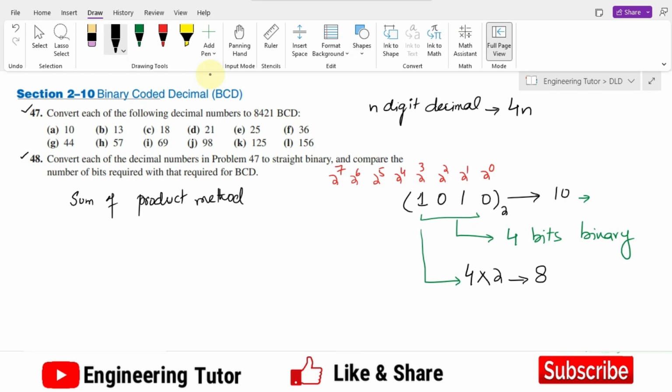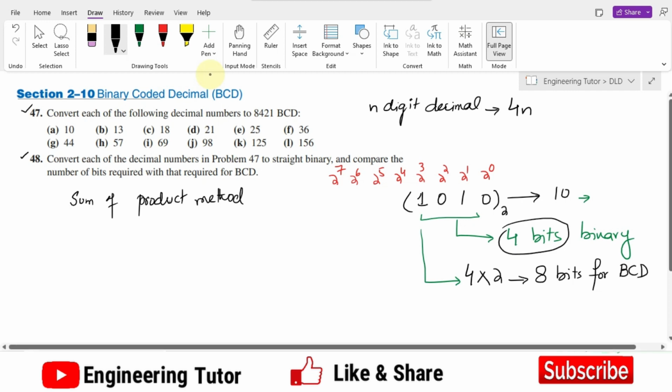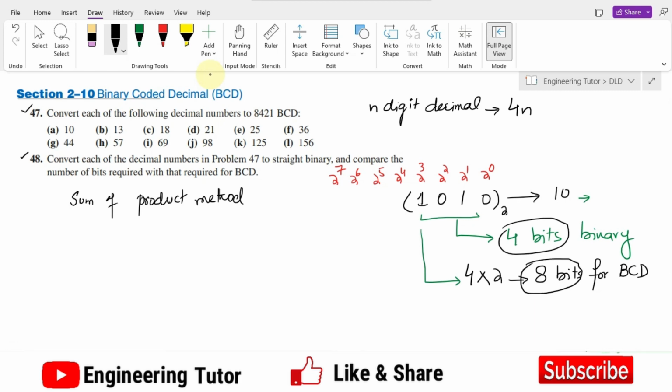That is 8. So 8 bits for binary coded decimal. So 4 bits for the binary and 8 bits for the BCD. So we can see that a lower number of bits will be required for the binary conversion.